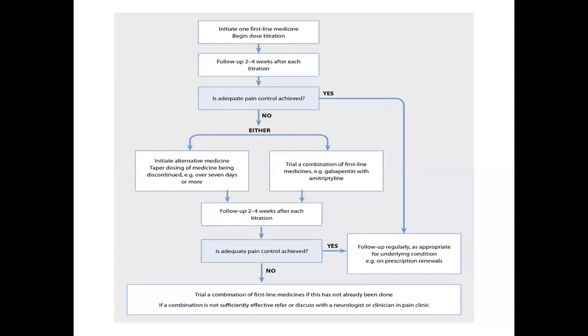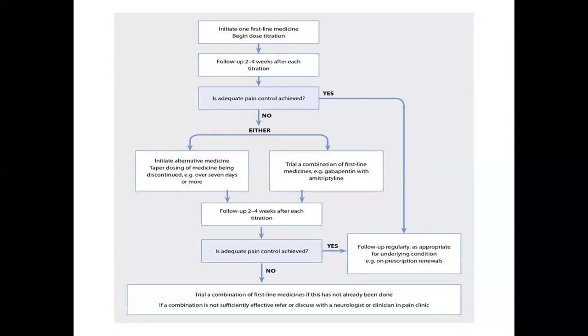Follow up 2 to 4 weeks after each titration. Now, this becomes critical because the literature is replete with information, but most of the literature will agree that 2 to 4 weeks is the average that you can use to say that this drug is not working or this drug is working, and then you can titrate it up or introduce a new one.